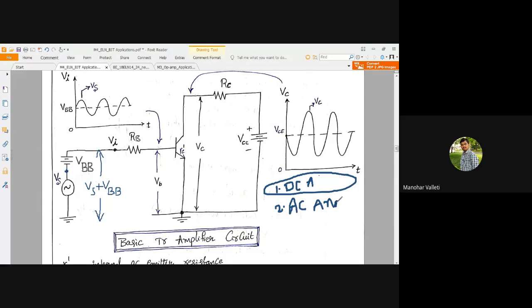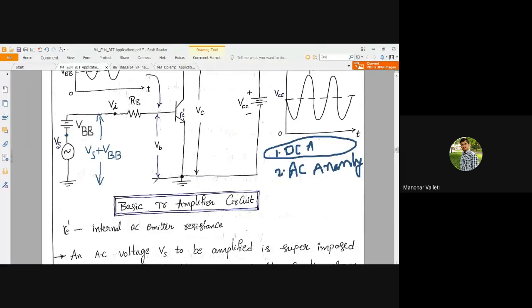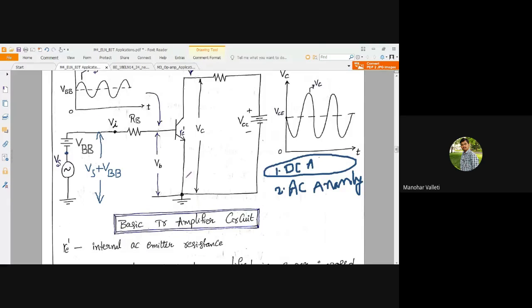We're not going into more details of the AC analysis. We are just seeing the basics of the AC analysis. So please remember, when you are doing the AC analysis, we will remove the DC batteries. Here, the input junction, or emitter base junction, is forward biased.